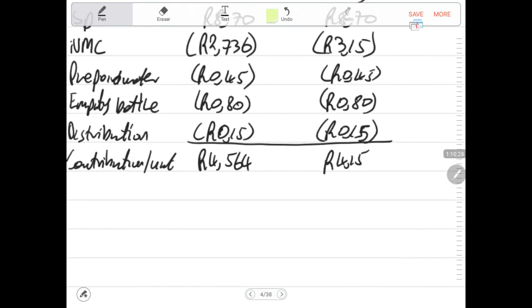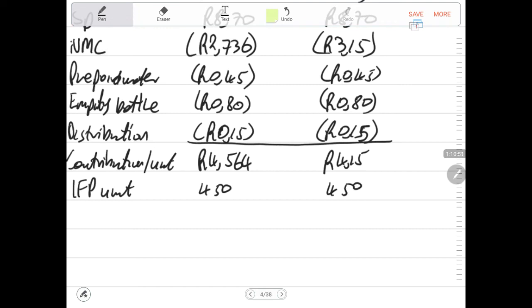Then we need to divide by the limiting factor per unit. Our limiting factor per unit is 330 milliliters, and that is 450. Now that will be per unit.